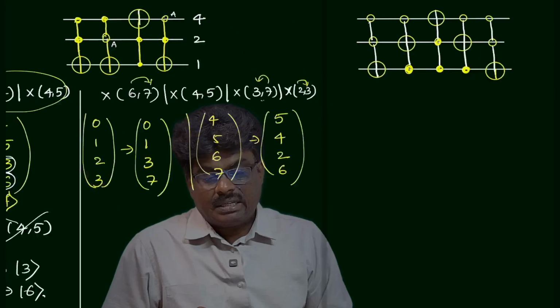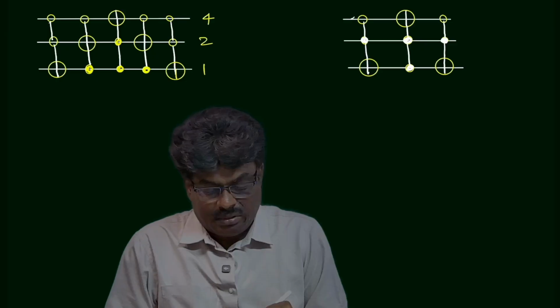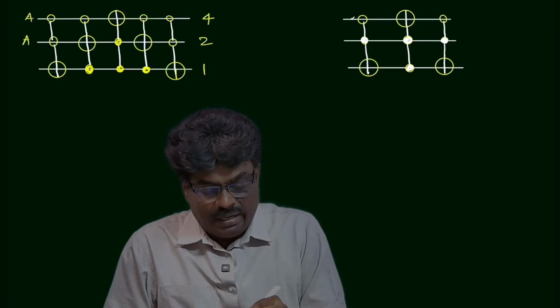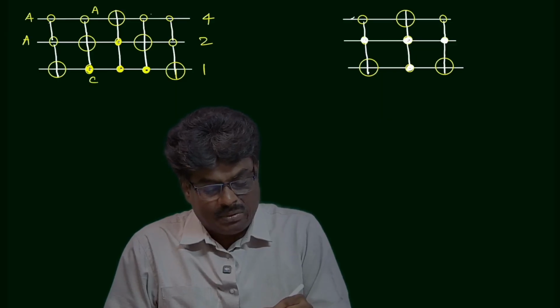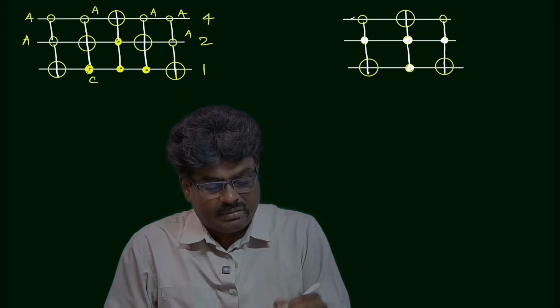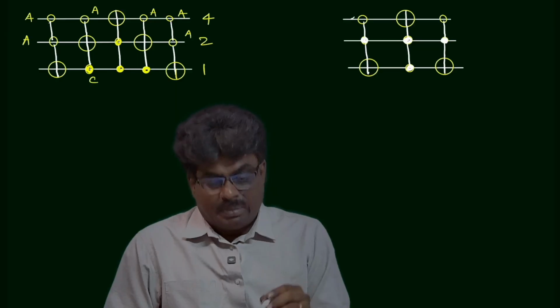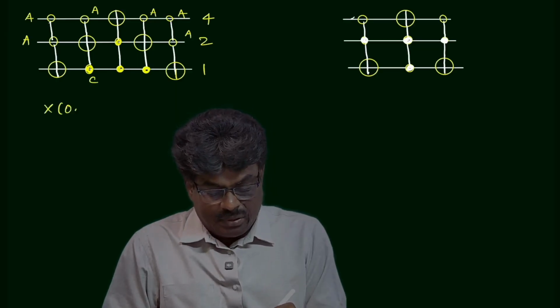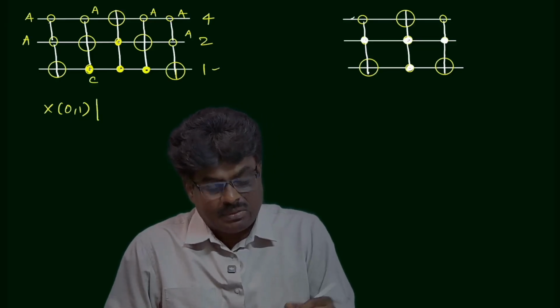Right, let us take another one, 1 2 4. So here anti-control, and this is anti and this is control. So two controls here, anti-control, right? Both are anti-control, that means a 0 only. Here x of 0 comma 1, because only x is on 1.